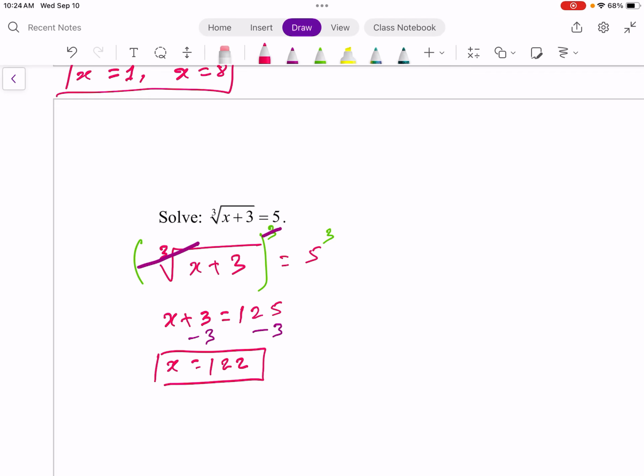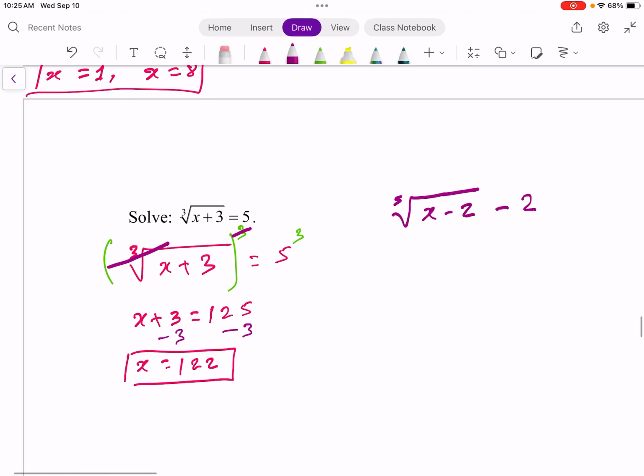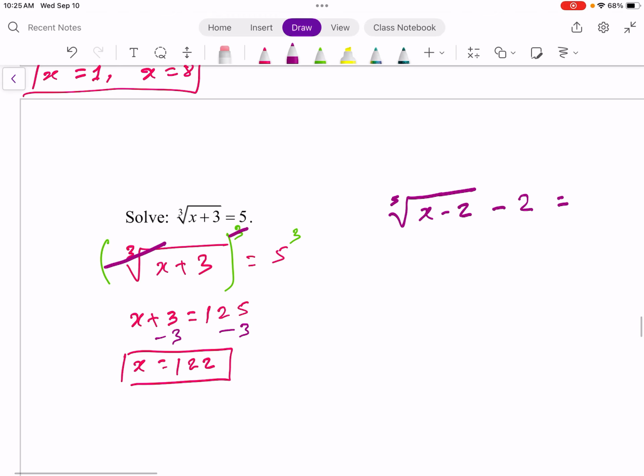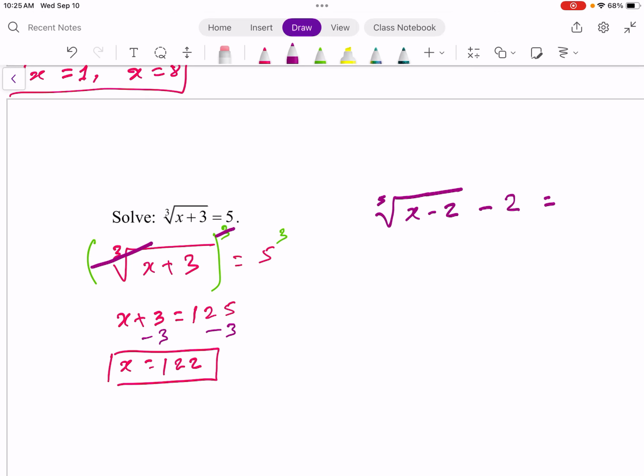Okay, so if we had something like the fifth root of x minus 2 equals, okay, let's say 6.